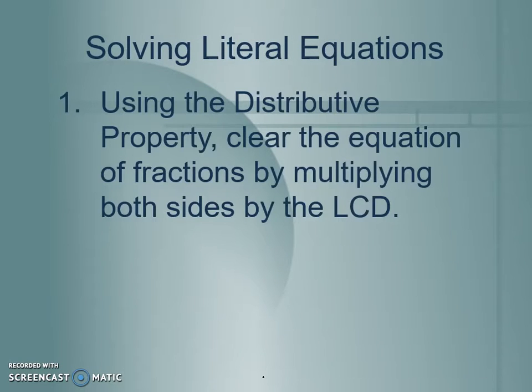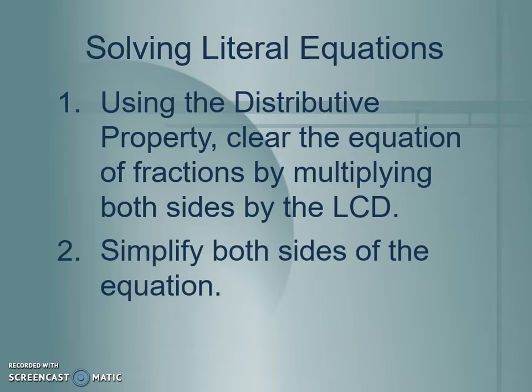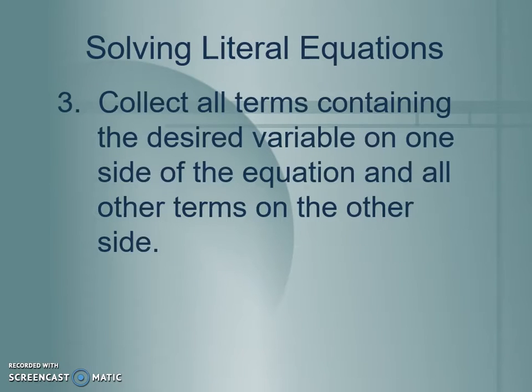So solving literal equations, I'd go ahead and put this in your notes. These are the steps. So solve using the distributive property, clear the equation of fractions by multiplying both sides by the least common denominator, which we did towards the end of chapter 2. Simplify both sides of the equation. Collect all terms containing the desired variables on one side of the equation, and all other terms on the other side.